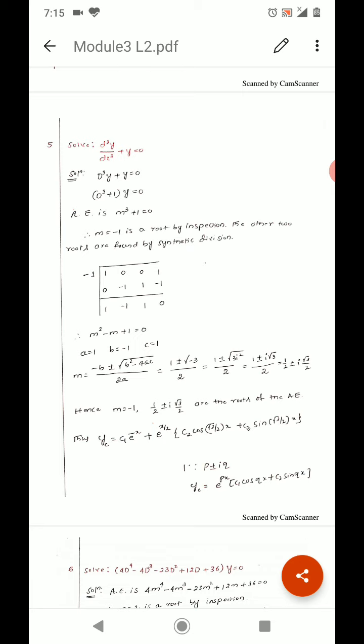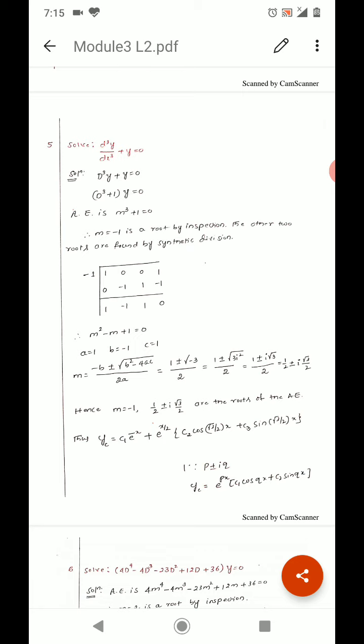So here the coefficient of m³ is 1. There are no terms in m² and m, therefore we put 0, 0 for m² and m, and the constant term is 1. So the root -1 is written on the left side, and below the first term 1 we put 0, and adding 1 and 0 we get 1.